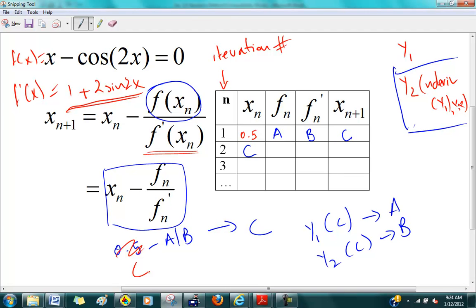This hasn't changed. This hasn't changed. Okay, so if I want the answer to 4 places, stop because it's not changing. So your answer here really would have been 0.5123, because you want to round to the 4th place. Okay, so fill in the table and give me the answer.